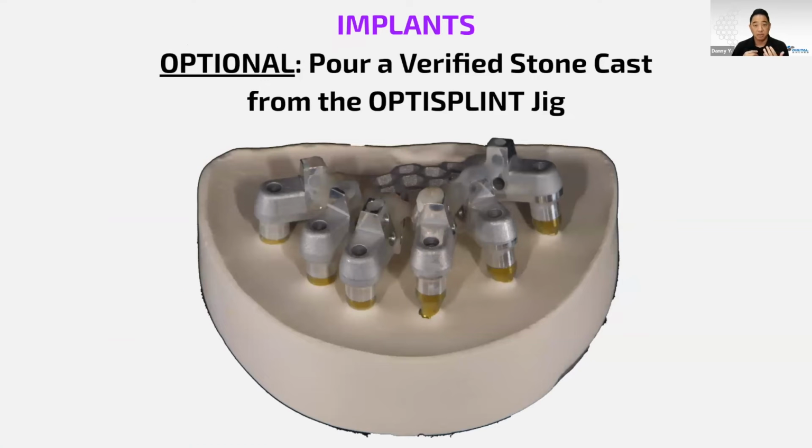But the other optional activity that you can do with OptiSplint is you could pour a verified stone cast from the OptiSplint jig. This is not required. You can do a fully modelless digital workflow if you want to. But OptiSplint is unique from photogrammetry in that it does give you the option to pour a verified stone cast.